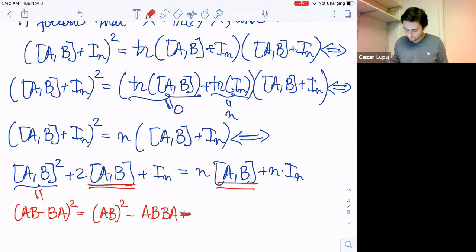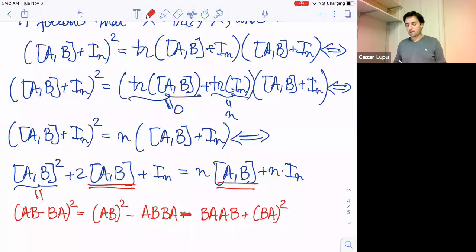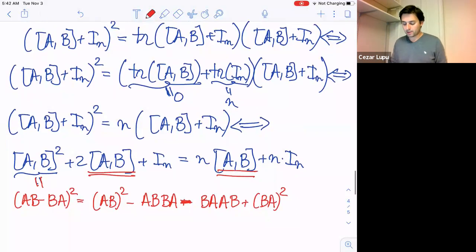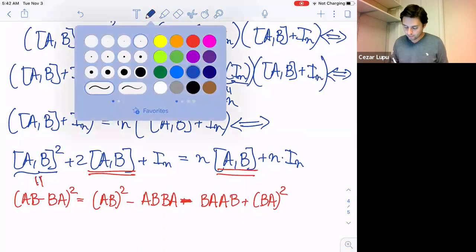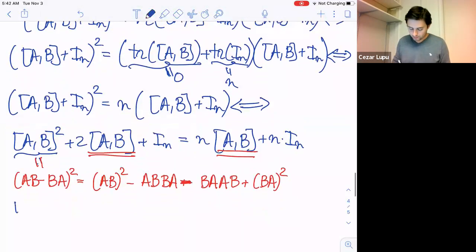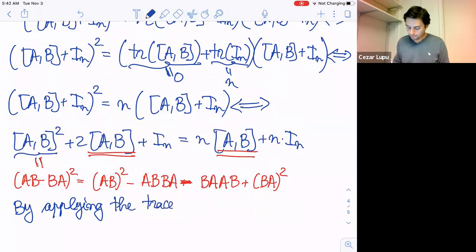Minus BA AB plus BA squared. And now we're in the position of applying the trace. So by applying the trace, we have.